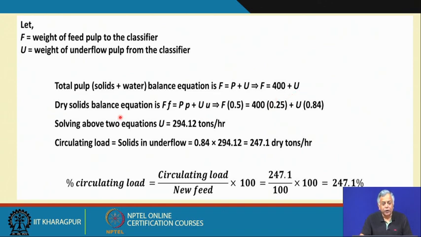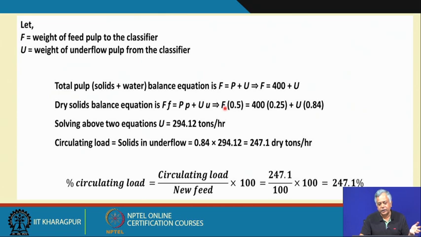Now, I can use the mass balance formula based on the dry solids balance. What is that equation? If f is the fraction of solids by weight in my feed, the dry solids balance is fF equals pP plus uU.